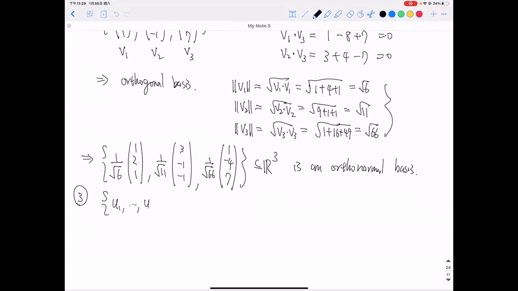So suppose you have u1 through up, an orthogonal basis. Suppose that's the case.